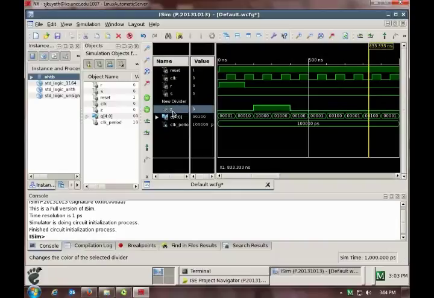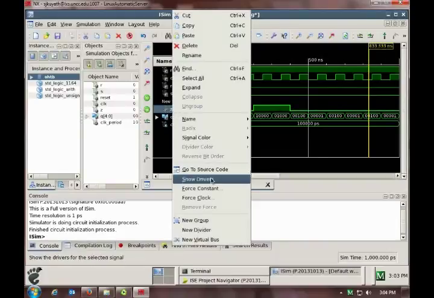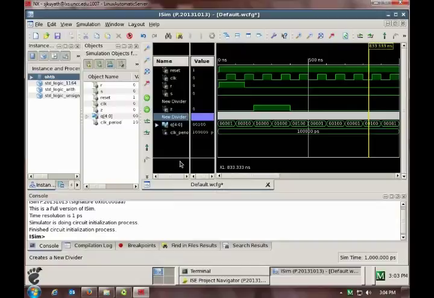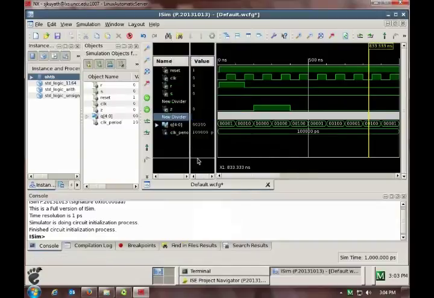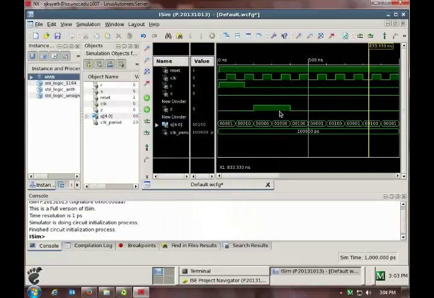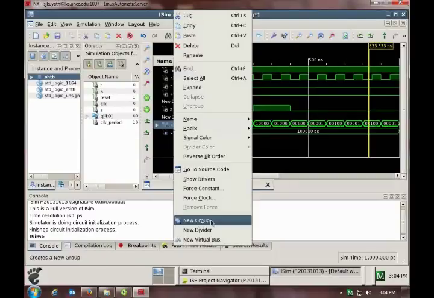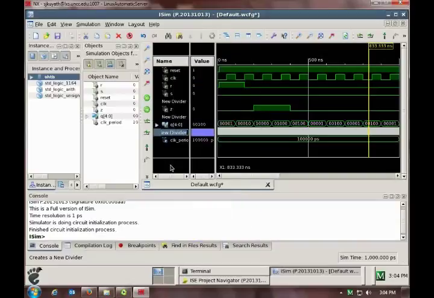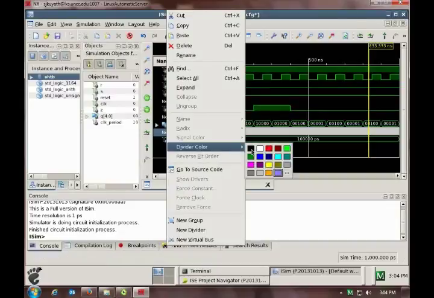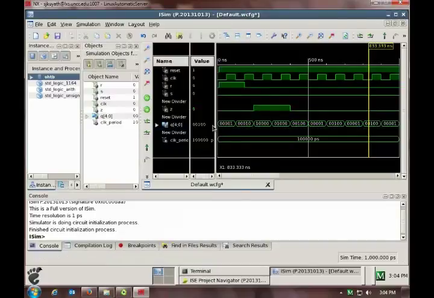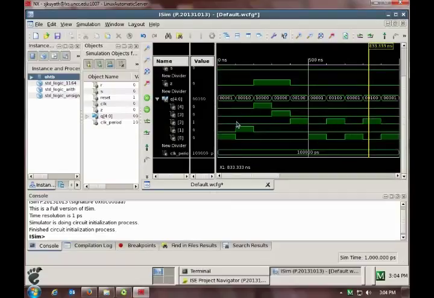Then after Z, I'll put in another new divider, and I'll make it black also. Right there. So now I see Z all by itself. This is my Q outputs.